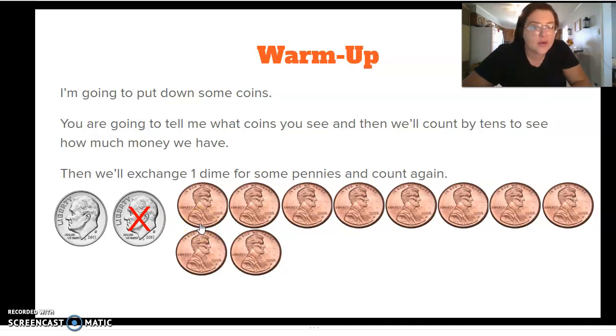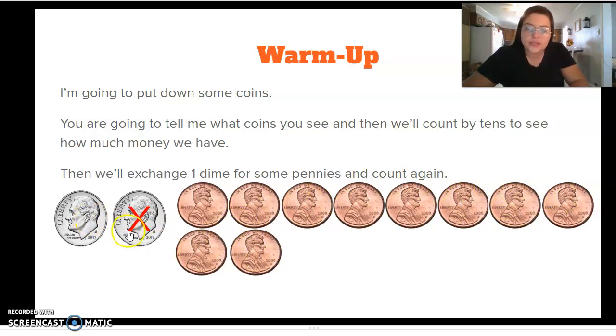So let's recount the change again. We know dime, dime, 10 all the time. Penny, penny, worth 1 cent. So let's count 10, and we're going to go to counting by ones. 10, 11, 12, 13, 14, 15, 16, 17, 18, 19, 20.